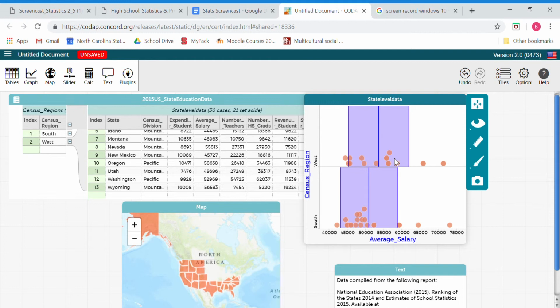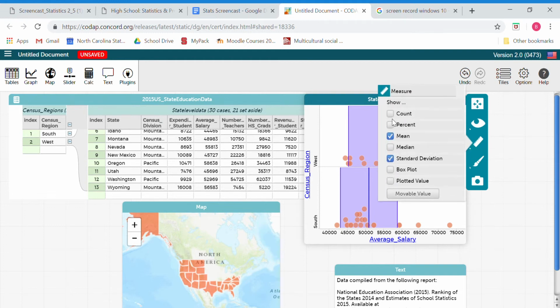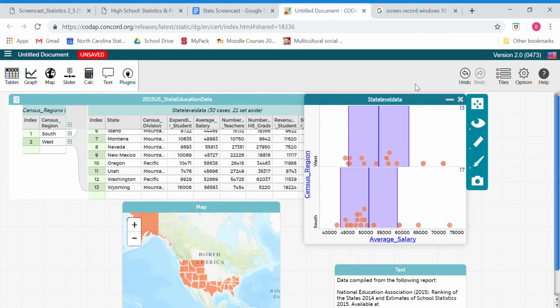Also you might note that there are fewer states in the west and more states in the south, and the west states seem to have less of a peak. There are 3 dots right here, but there are definitely a lot more dots, a smaller spread, and you can see that with the standard deviations too. This is clearly a little bit less than the West's, $500 or so less than the West's average salaries.